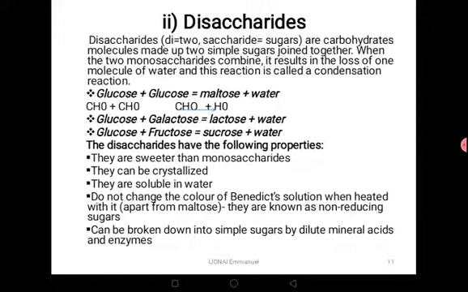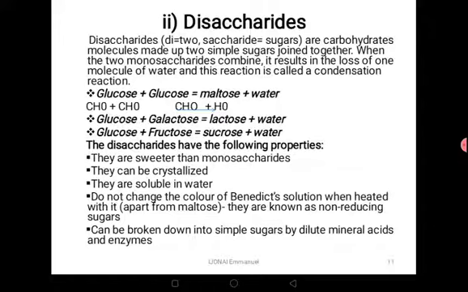And then they do not change the Benedict solution when heated with it, apart from one of them, which is maltose. So that means they are non-reducing sugars. It's only maltose which is a reducing sugar. The rest of the disaccharides are non-reducing sugars. They are unable to reduce copper 2 in Benedict solution to copper 1.